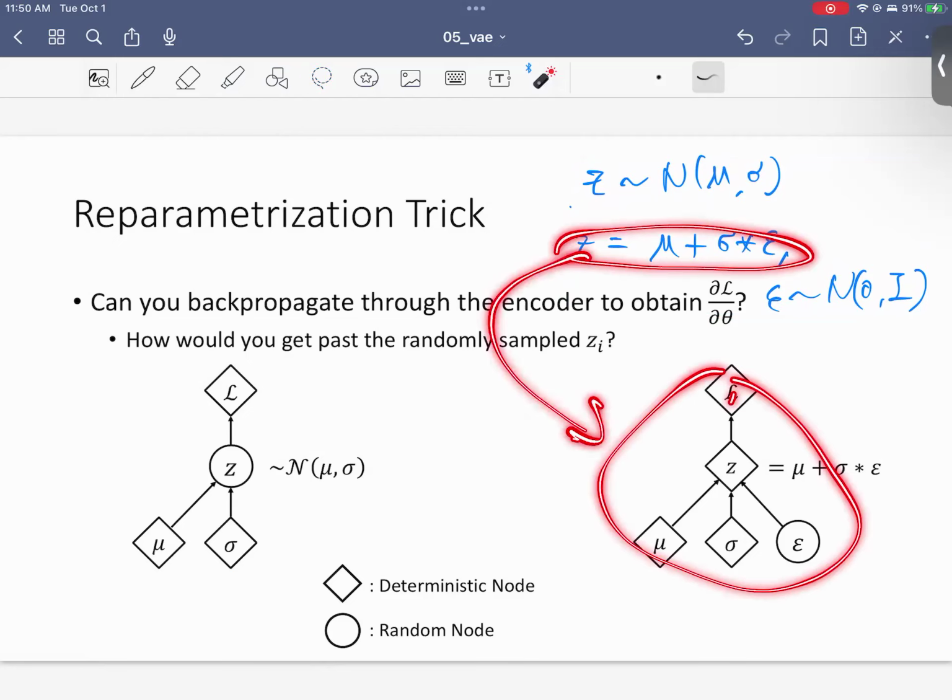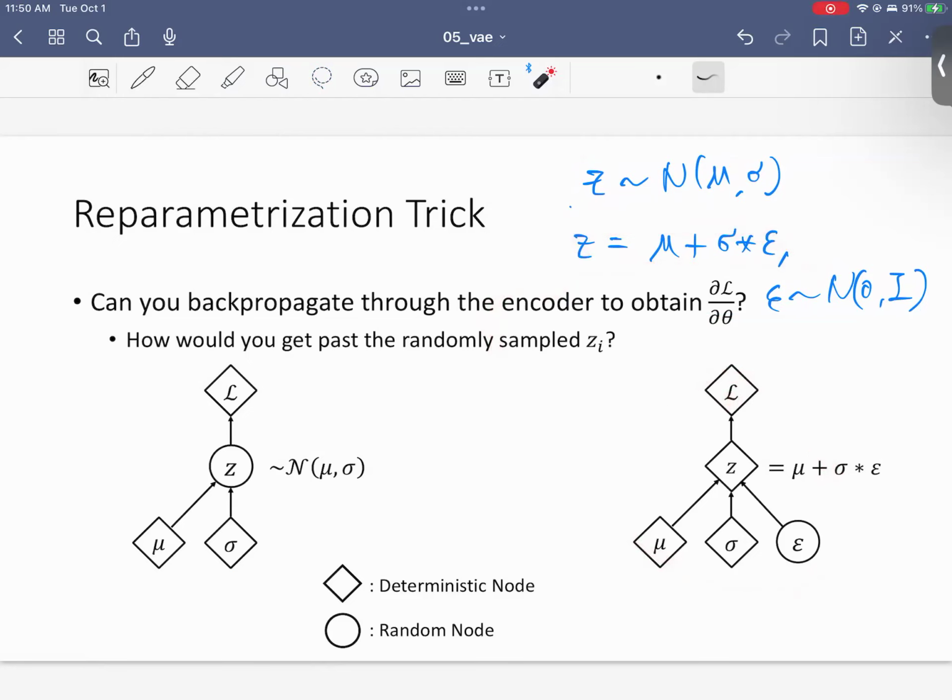It's the same thing. So your Z is deterministic. And I forgot to draw Q here. So there's Q theta coming from here. And now you can see that your Z, at least, doesn't depend on mu and sigma randomly. Z will be deterministic, and the randomness only resides in the epsilon part.